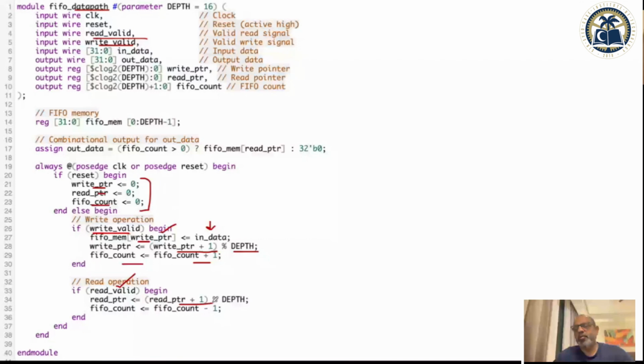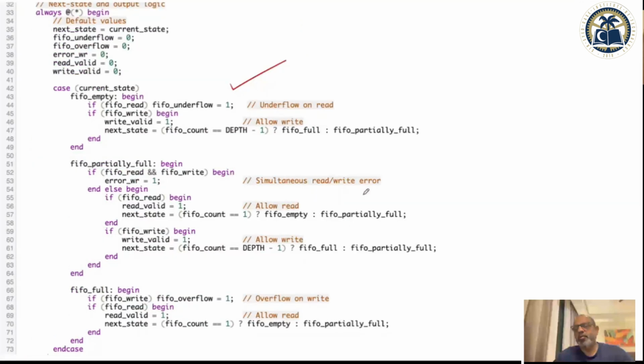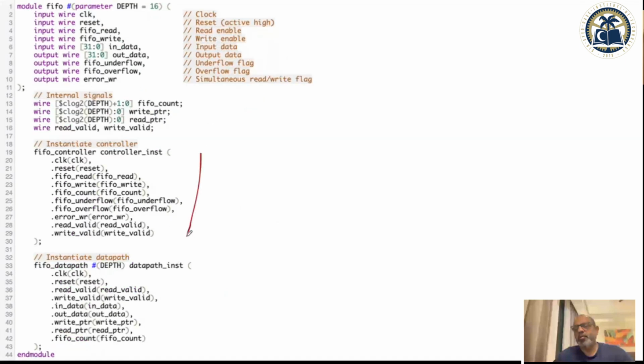It's a perfect code to my liking, that the data path is dumb and all the intelligence is in the controller. I would focus on making sure that I don't mix any intelligence of the controller into the data path. These are the two parts, the controller and the data path, and that's it. And it just would work.